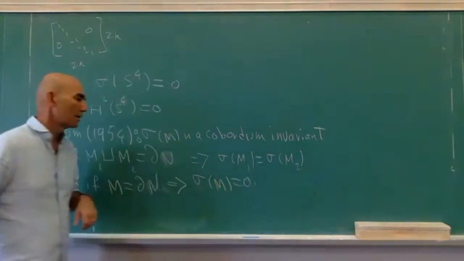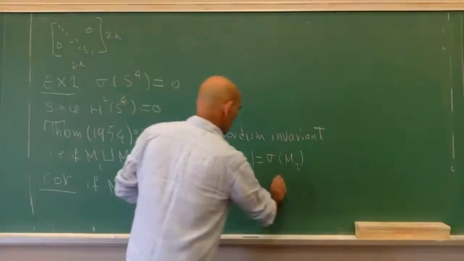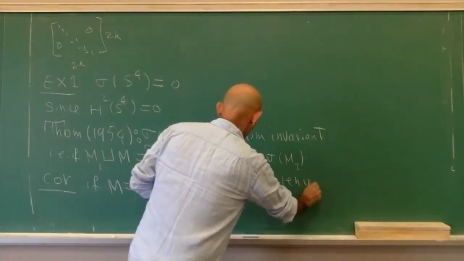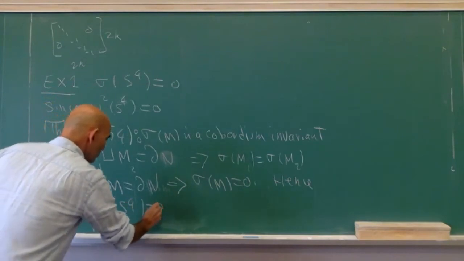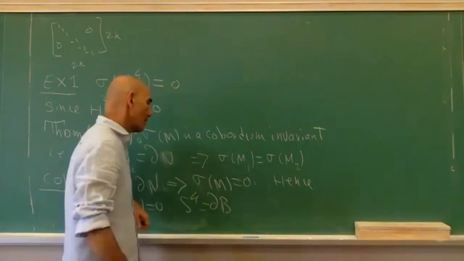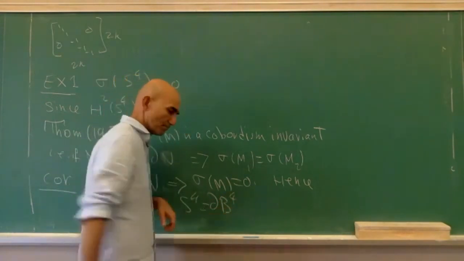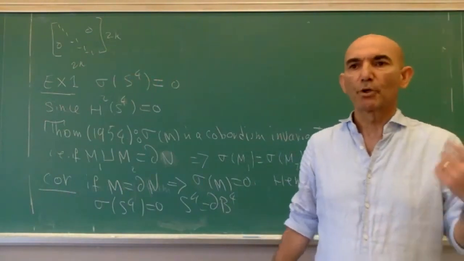So of course it follows that the signature of S4 is equal to 0, because S4 is the boundary of the 4-dimensional ball, which is a manifold of dimension n plus 1 with boundary.